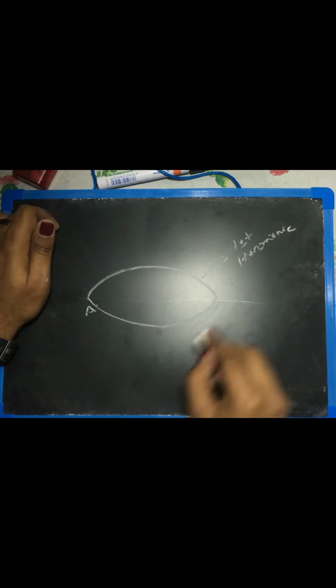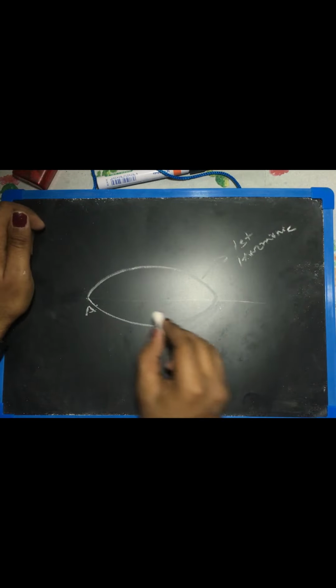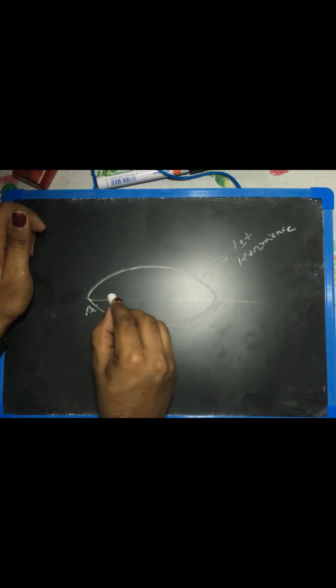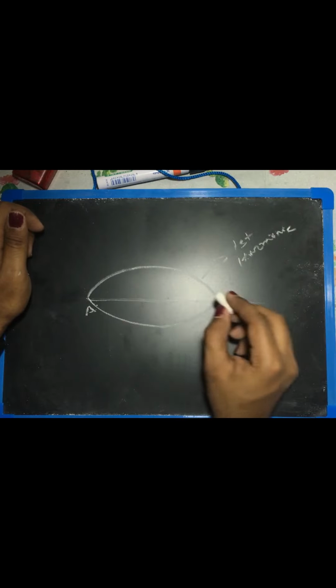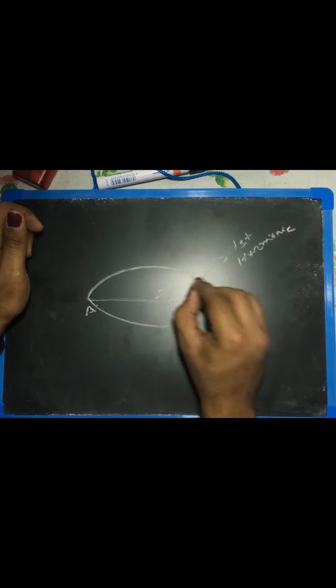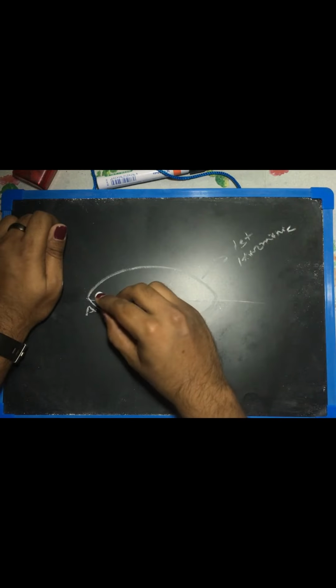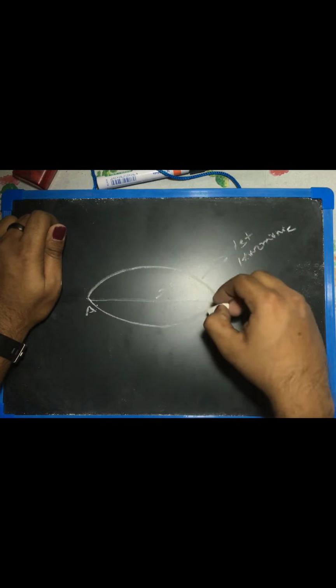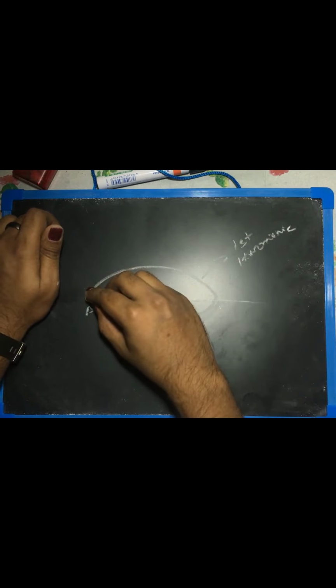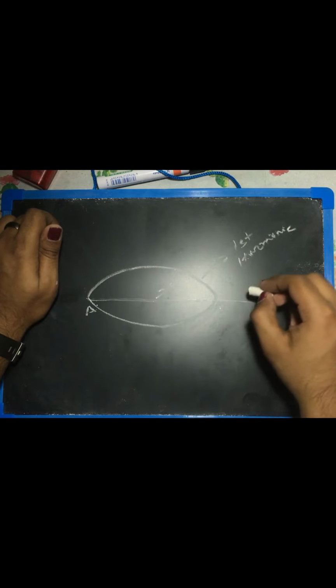So in this length, let's say this string has length L, right? So what is the length of the wavelength here?